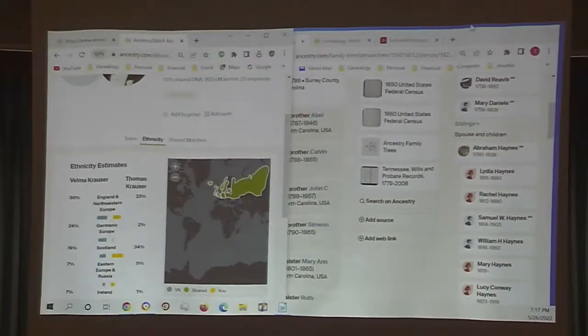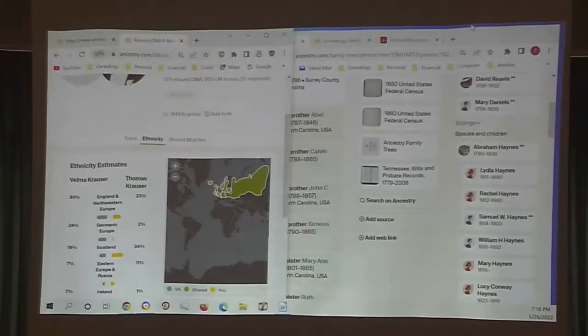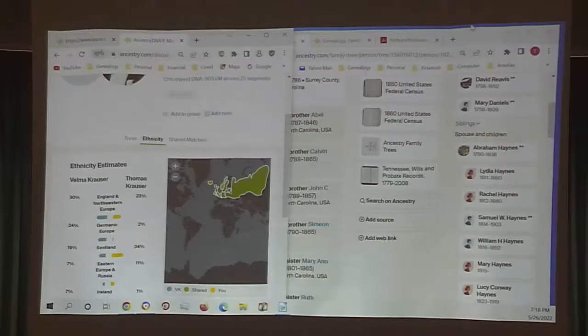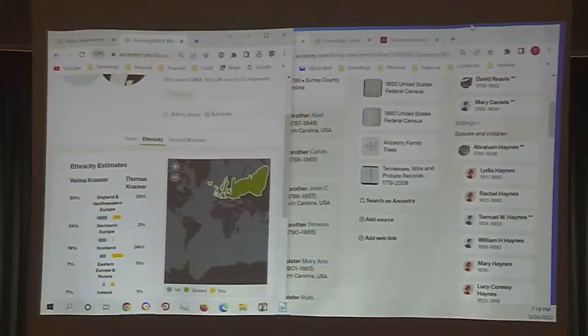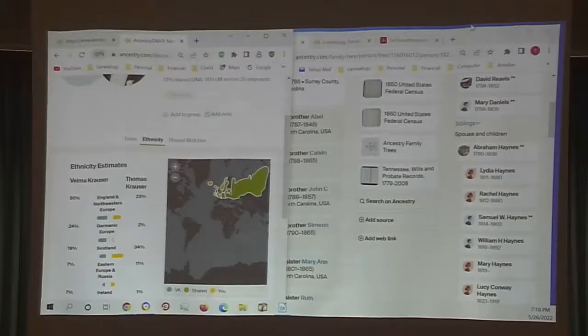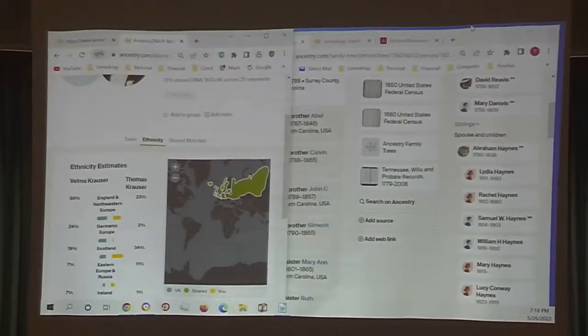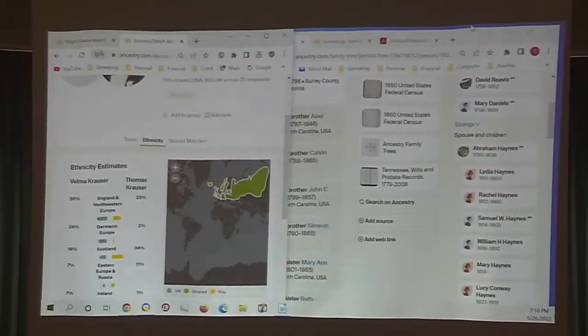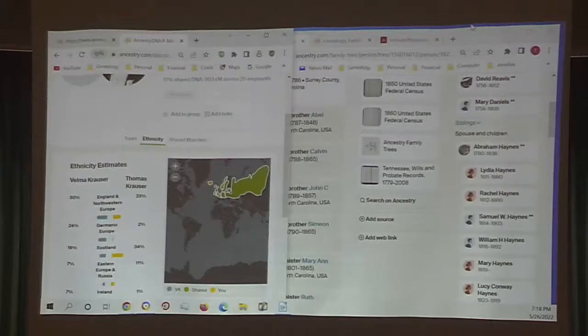So for example, suppose my great-grandfather who came over from Germany in about 1883, his name was Krauser, and I assumed he was pure German, but more than likely he was German, and he was also Eastern Europe and Russia, because they sort of overlap in those regions. So let's say he started out at 100%, and let's say that each generation as you go down the tree got exactly 50% of it.